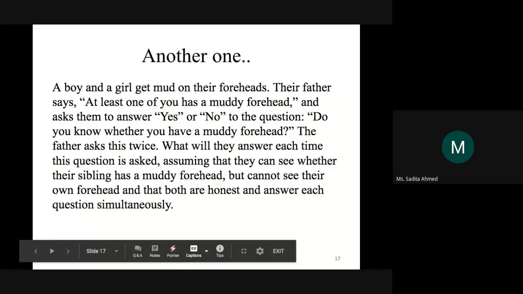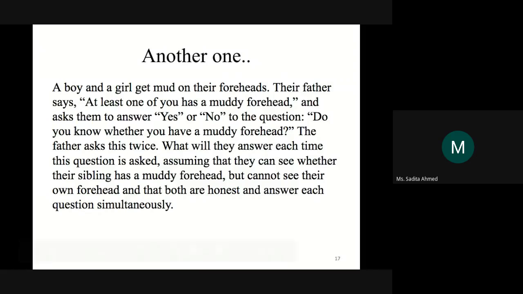Now, think of yourself as the boy or think of yourself as the girl. The first time the question was asked, I know that the other person said no. However, I can see that the other person has mud on their forehead. All right?